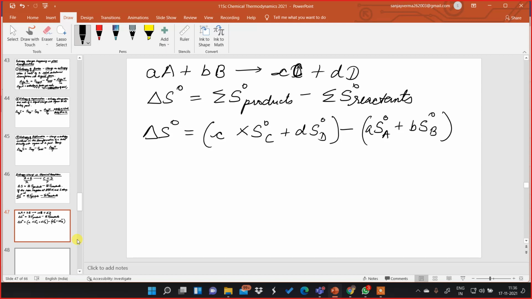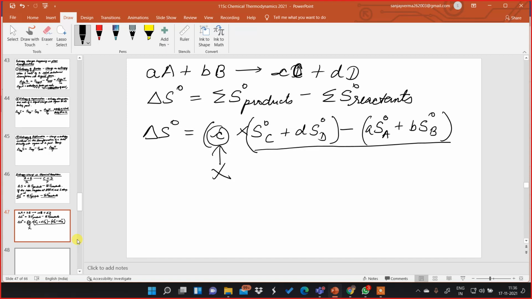So this is also one way of representing this formula. What you see over here may be there or may not be there, you can exclude it, but you can remember this much. This is the formula for entropy change in chemical reactions.